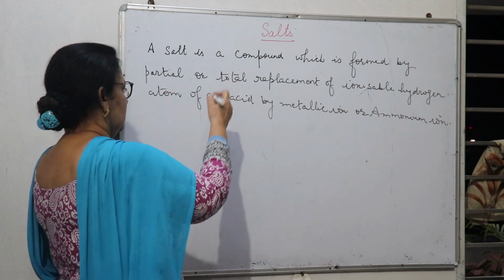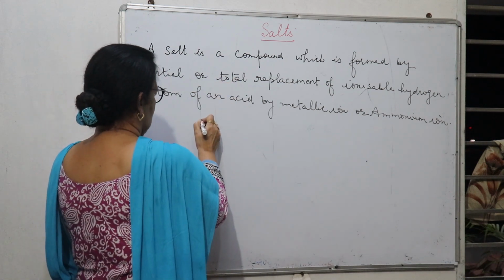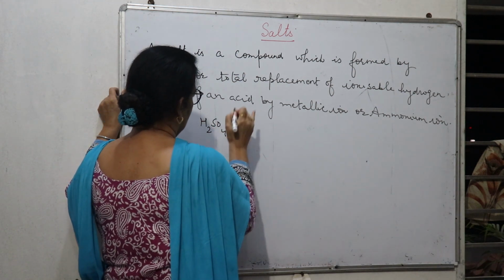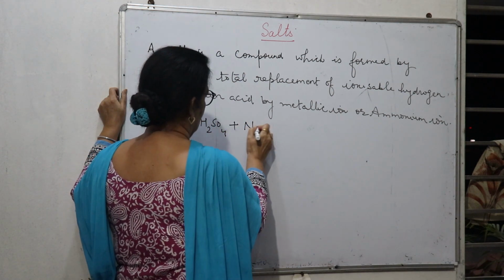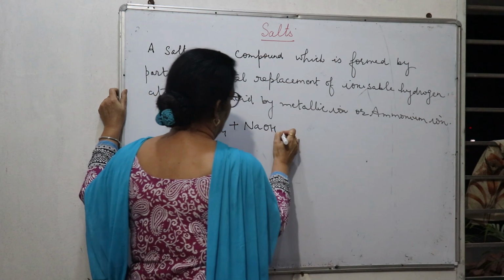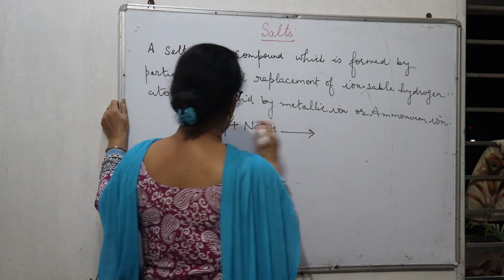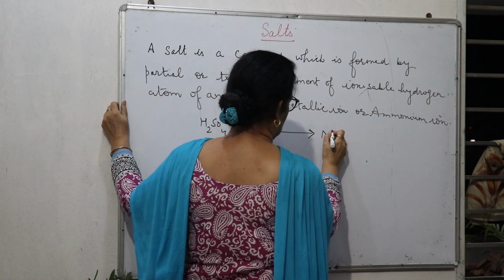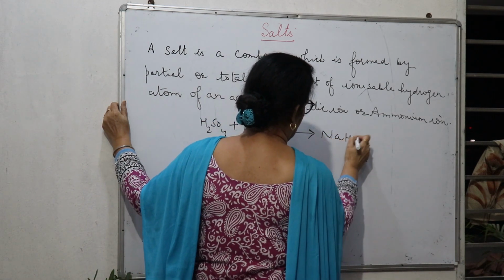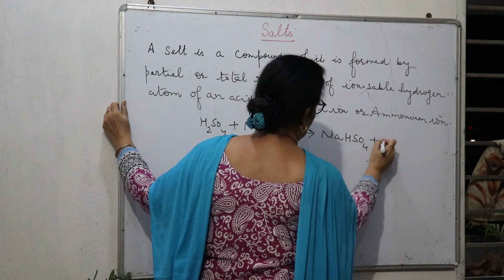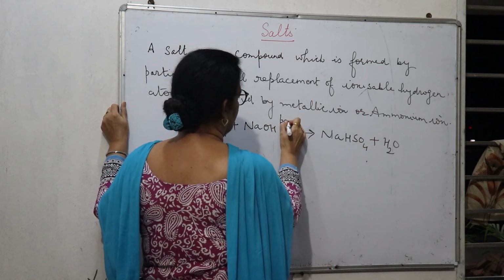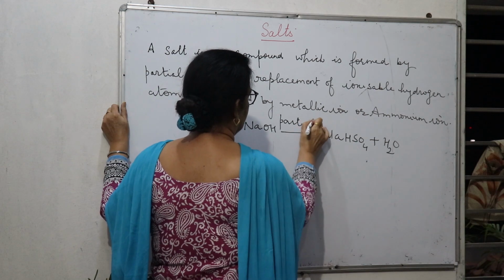Let me explain this with an example. Suppose H2SO4 plus NaOH, and the salt formed is NaHSO4 plus water, as one of the hydrogen from here is replaced by metallic ion. This is partial replacement.